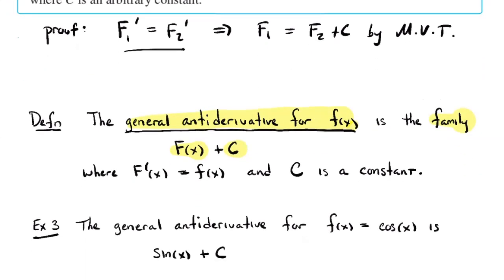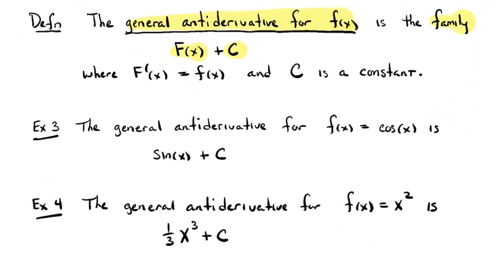So just to get you used to the language here, let's go back to those examples. If I want the general antiderivative for the cosine function, I would say, well, it's sine of x plus c, where c is an arbitrary constant. That's the entire infinite family of functions whose derivative could be cosine. Yeah, the general antiderivative of the squaring function is 1/3 x cubed plus c.